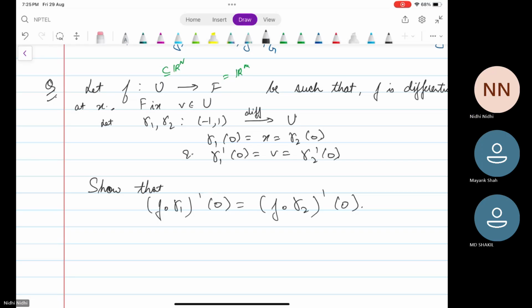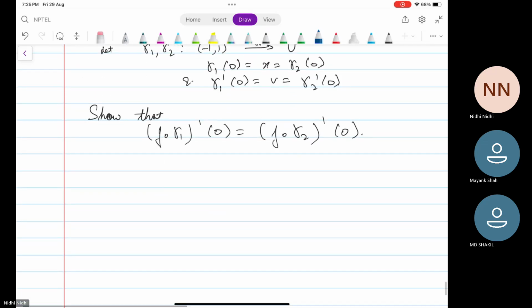Okay. So, we know that by the chain rule, solution: the derivative of f composed with gamma 1 at 0 is equal to the derivative of f at gamma 1 at 0.